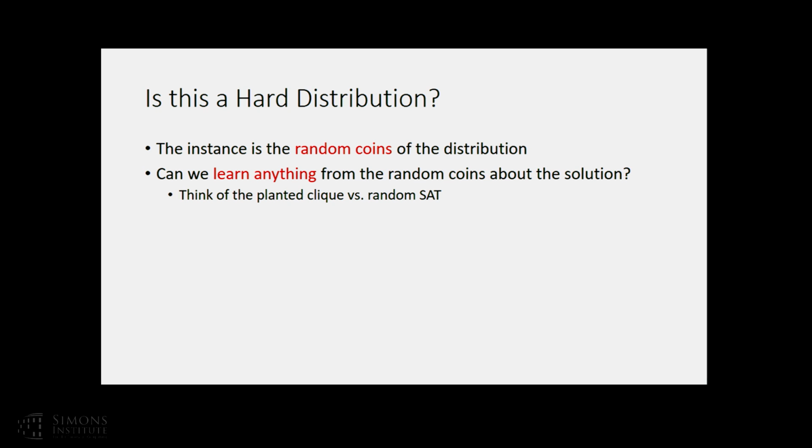And the random coins just tell you where the clique is. So, of course, this is a problem. Versus the random SAT distribution, where you just sample a SAT formula at the right density, and then there are no hidden coins. Okay, the instance is more or less the SAT formula, and we don't think that the random coins help you in any way, at least conjectured.